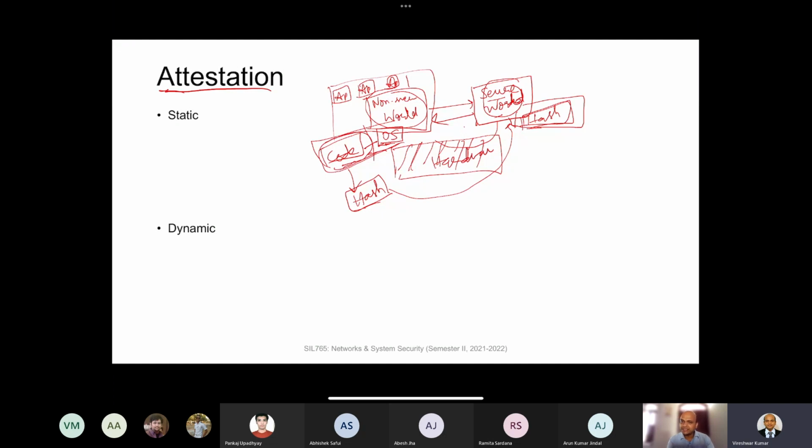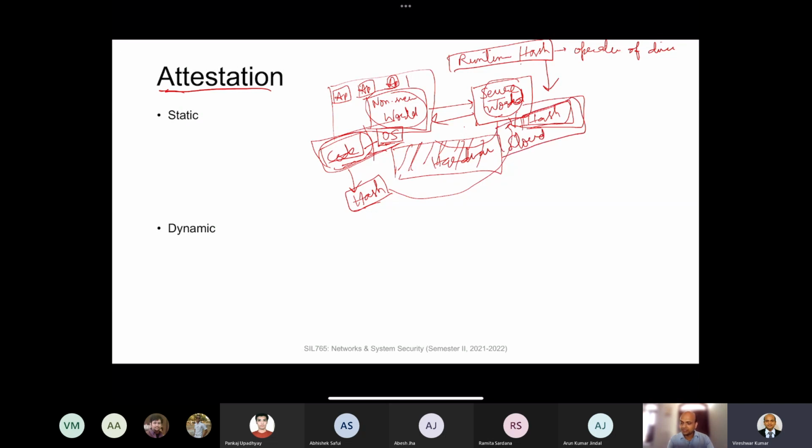It will compute the hash, which you can call the runtime hash. The runtime hash will be compared with the stored hash.